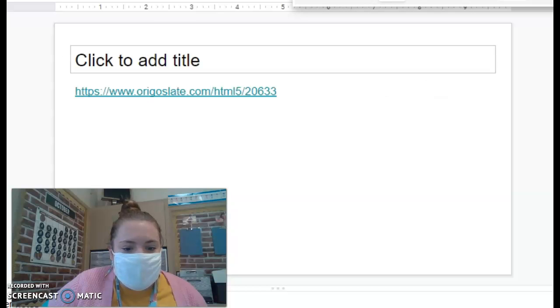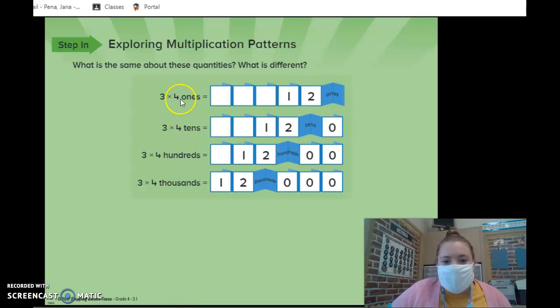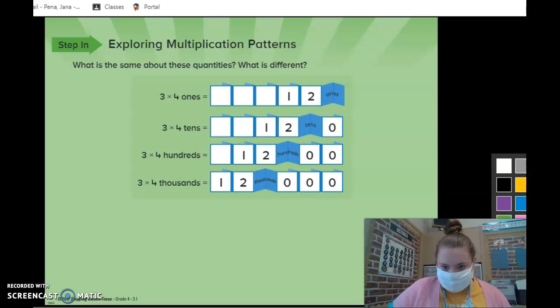So now let's investigate this even further. So here we have 3 groups of 4 ones. We already know that 3 times 4, or 3 groups of 4, is going to equal 12. And then we have 3 groups of 4 tens, so that gives us 12 tens. 3 groups of 400 gives us 12 hundreds. 3 groups of 4 thousands gives us 12 thousands.